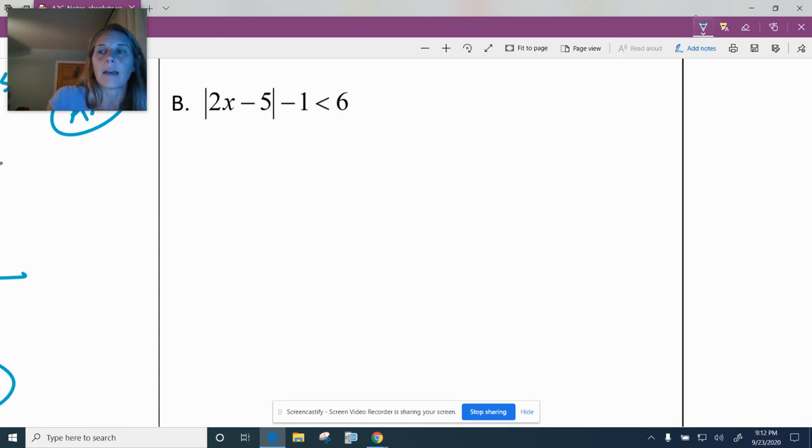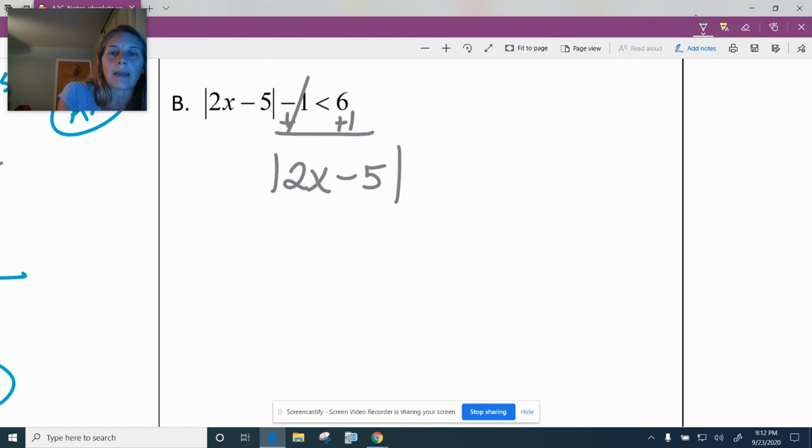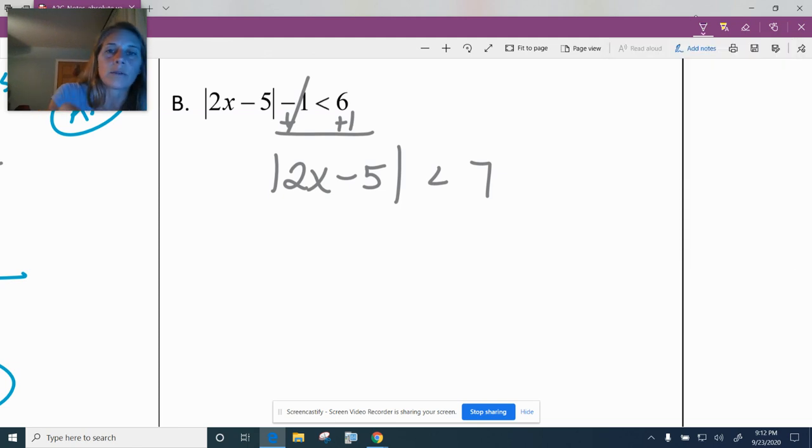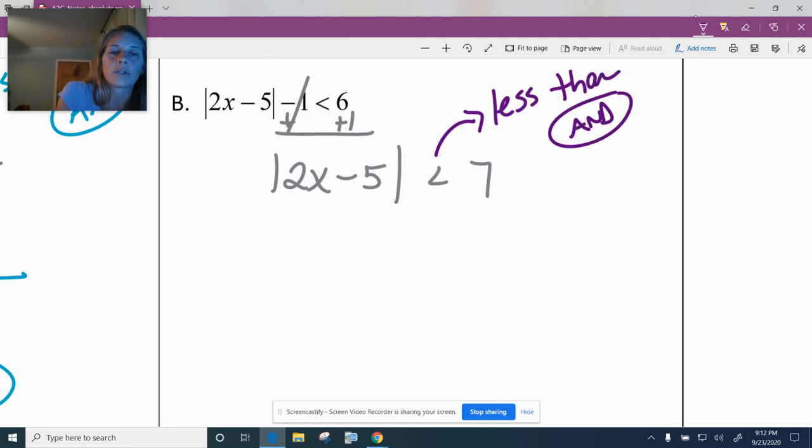Okay, again, we have that 1 that needs to move away from the absolute value. So now my problem is the absolute value of 2x minus 5 is less than 7. Okay, so since I see this less than, I know this is an and problem. So I can write 2x minus 5 is less than 7.